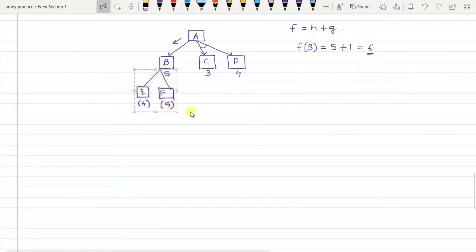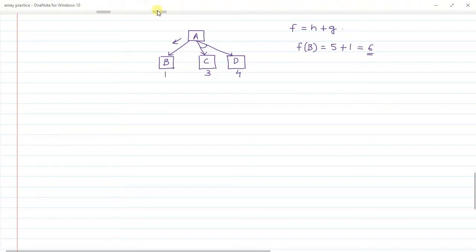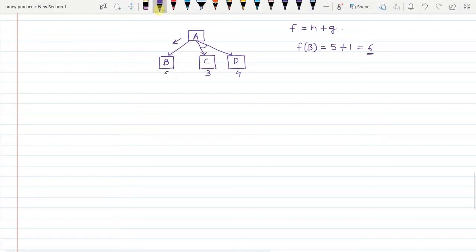Assume that B is not expanded, and as we have already seen, the heuristic value for B was 5. Now that we have calculated the f value of B, that is 6, B gets the value 6.